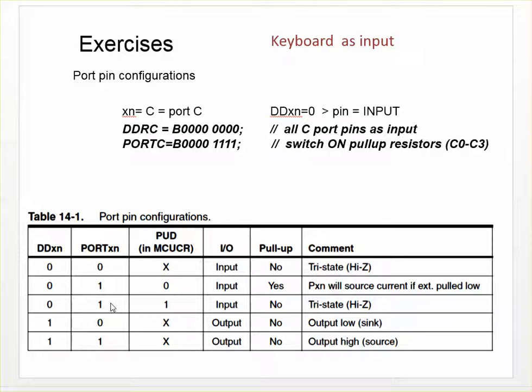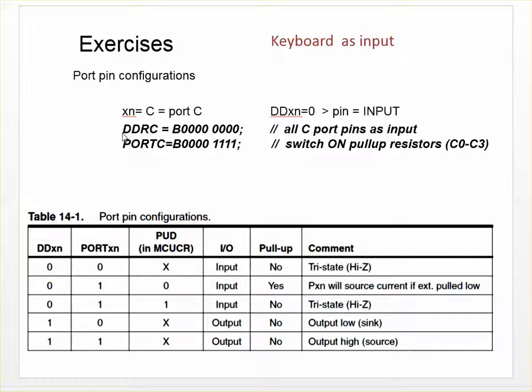But with an input port, usually we are not writing anything to it. In this case, if we want to activate the pull-up resistors, we write 1 to the input port, and that will switch on these pull-up resistors. So writing to the input port lets us switch the pull-up resistors on or off.